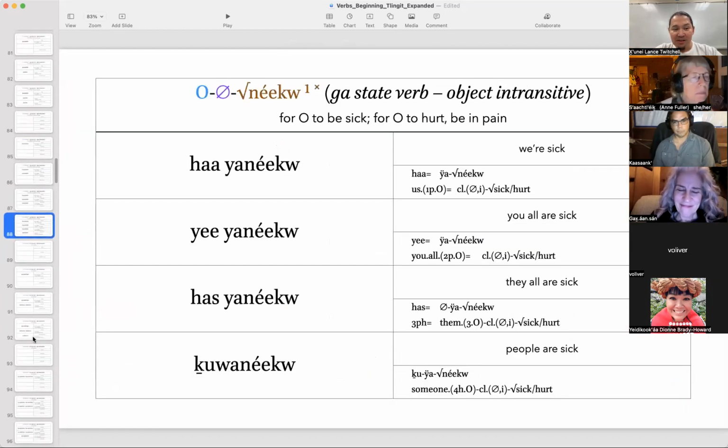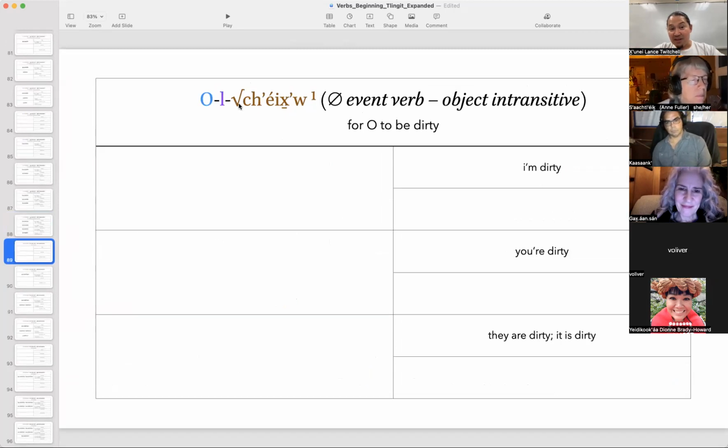But that's just one of the ways that that one functions. And there are some verbs too, and Tlingit has a whole bunch of this stuff where I can't think about the deeper meaning, you just gotta accept that's how this one is. But you could certainly sort of say it's a state that is different and then you can wash it up usually. So it could certainly mean that.